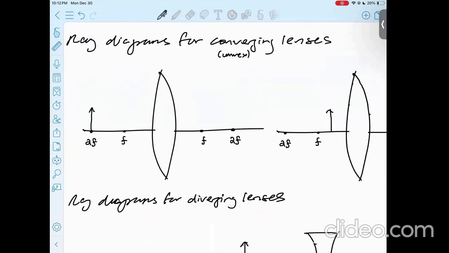Well, the cool thing is that these work basically the same way as the mirrors in terms of what rays we care about. So the first ray we care about is the one that comes in parallel. What happens to this guy? It gets refracted through the focal point.